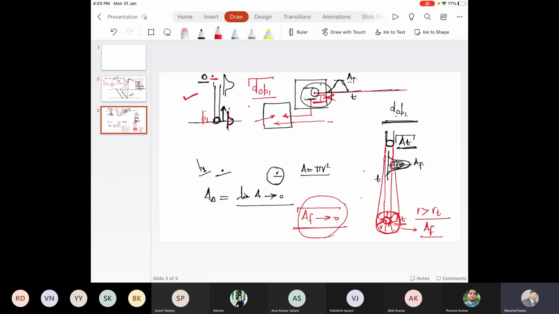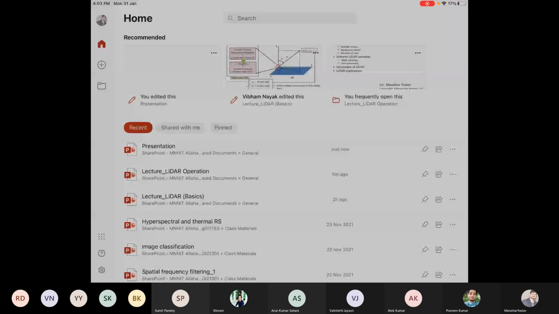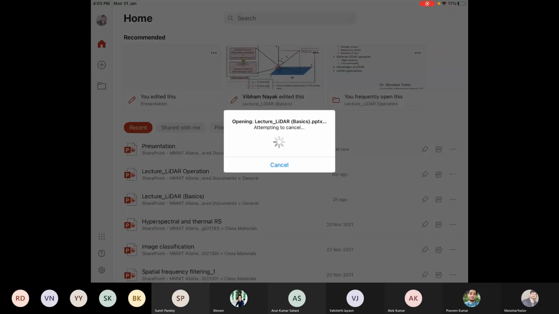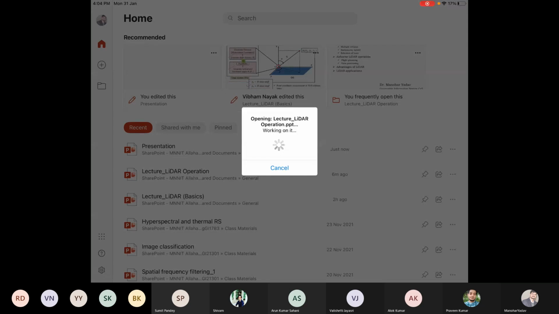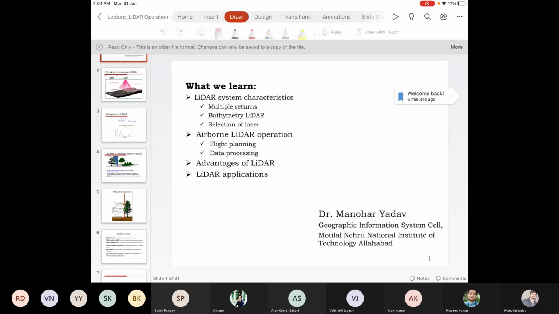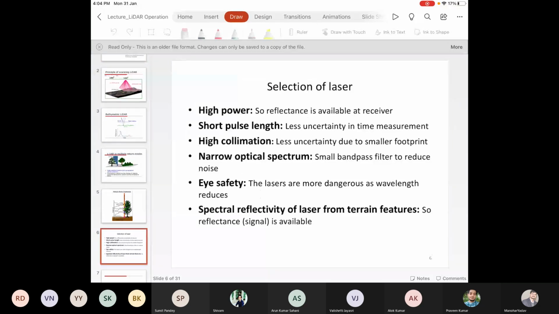These are the criteria we use while selecting the laser. The first one is a high power laser.